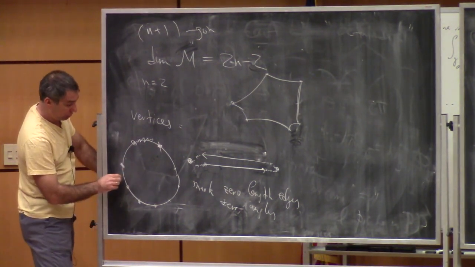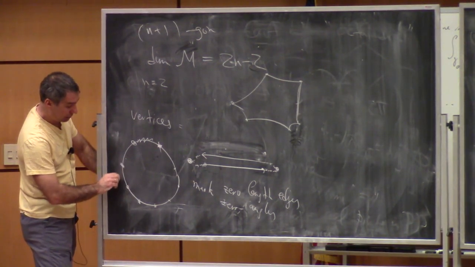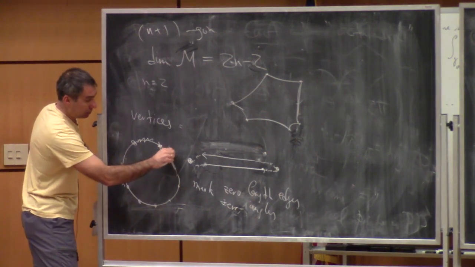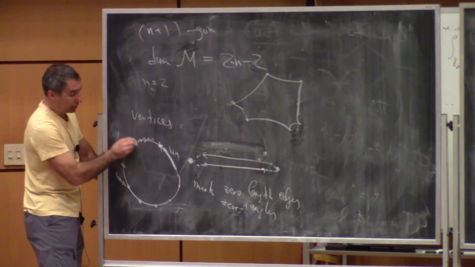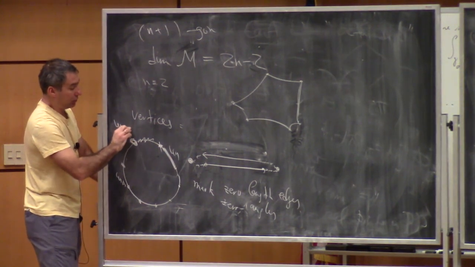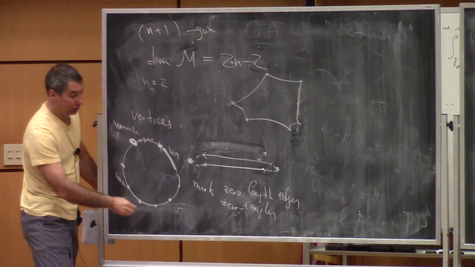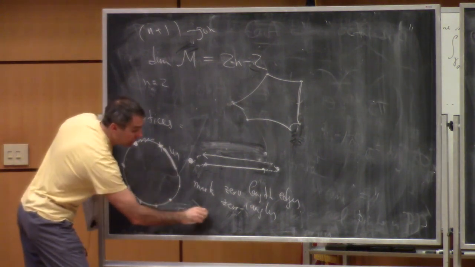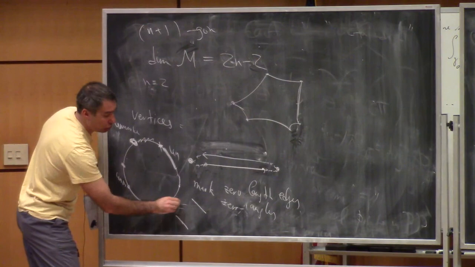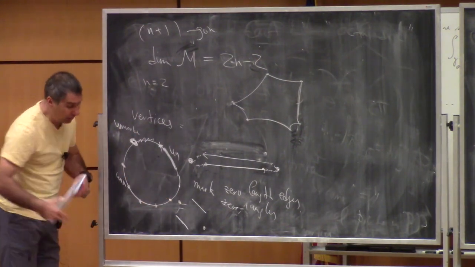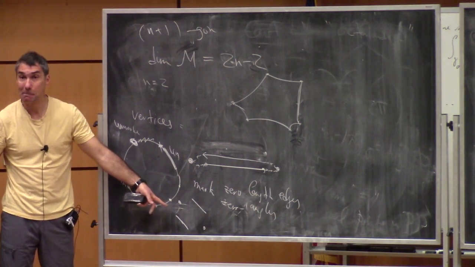So I have an unmarked edge, and an unmarked vertex between them. The picture should be like this. Everything else I can mark.